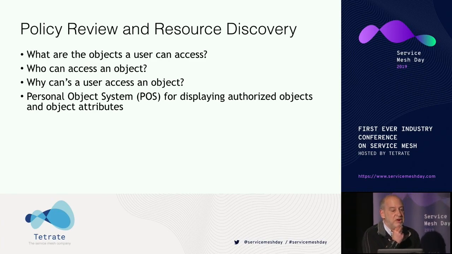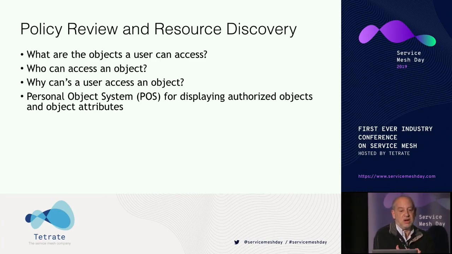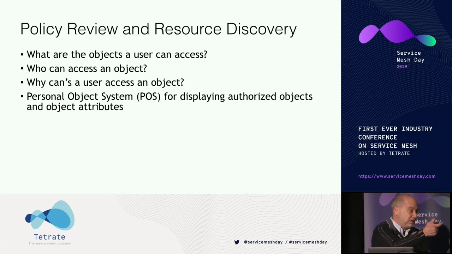Policy review: what we're able to do is review and discover resources. So we're able to answer the questions: what are the objects a particular user has access to? Who can access a particular object? Why can't a user access an object? If you want him to, you would be able to determine he's missing this attribute, and that might be on purpose, or it could be a mistake.